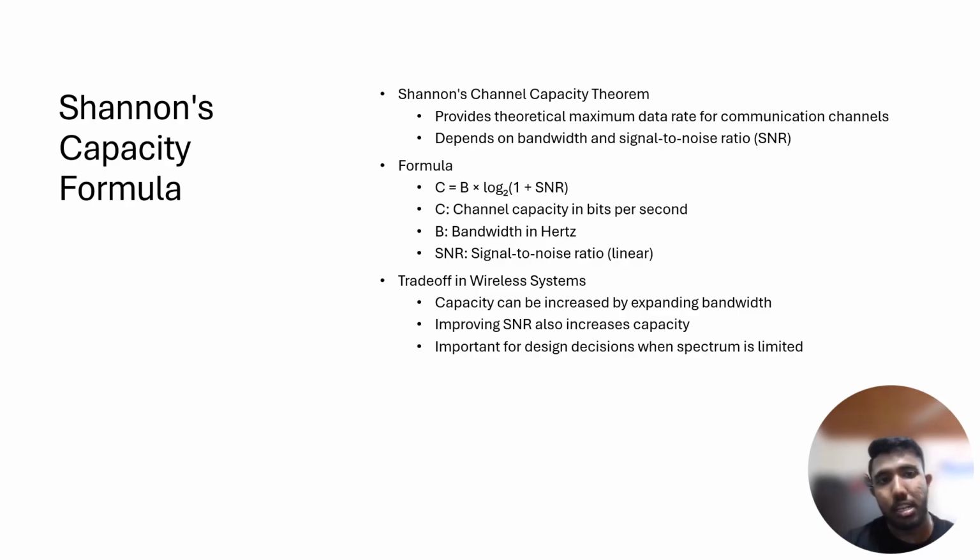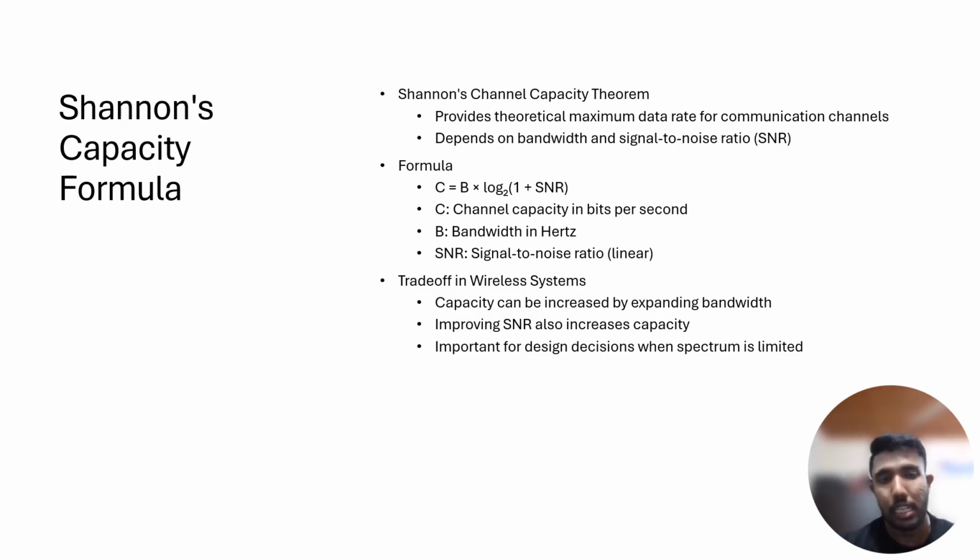It reveals a fundamental trade-off: we can increase capacity either by expanding bandwidth or improving the signal to noise ratio. When spectrum is limited, as is often the case in commercial wireless systems, engineers focus on improving SNR through better modulation techniques, error correction, and noise reduction.